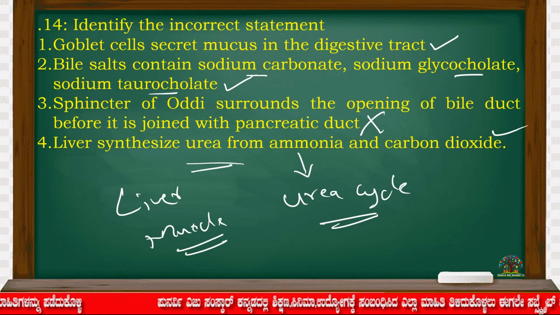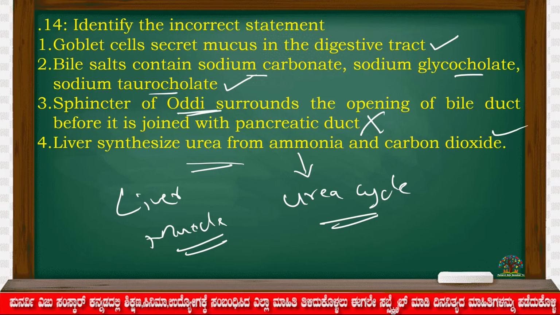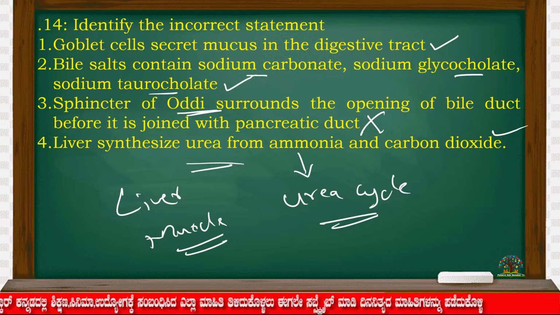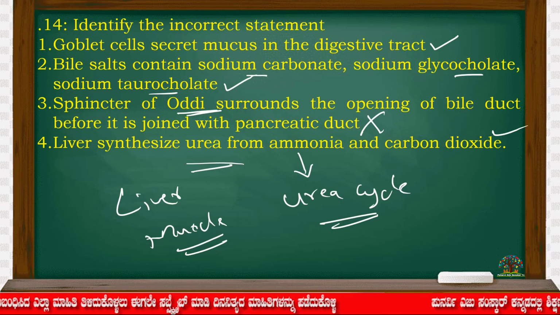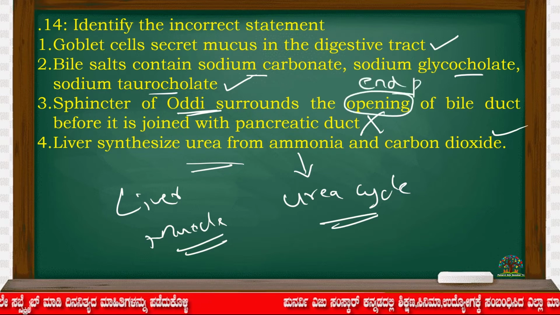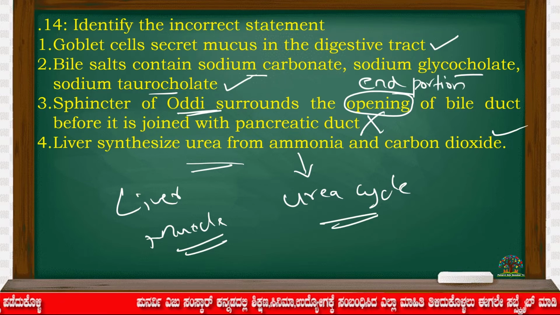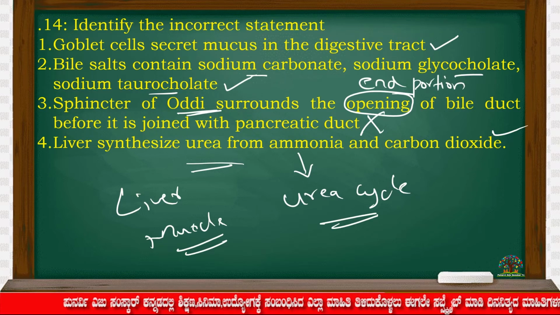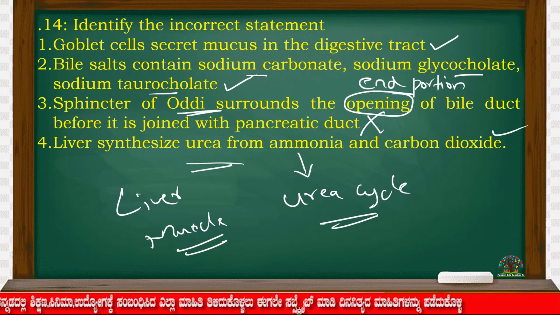So what is the correct statement? Sphincter is nothing but a flap-like structure that surrounds the opening. It's not the opening that is surrounded; it surrounds the end portion of the bile duct before it joins with the pancreatic duct.